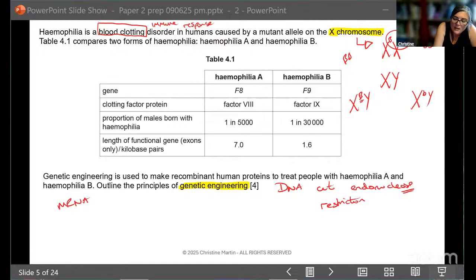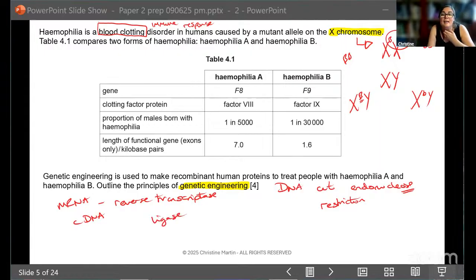Well, if we have mRNA, we then need to be talking about our reverse transcriptase. We also need to be talking about the fact that we have got our complementary DNA. What else do we need to talk about? We need to talk about the fact that we need our ligase to join the fragments together.